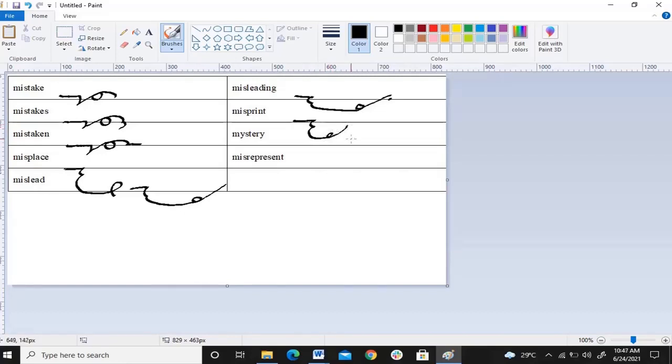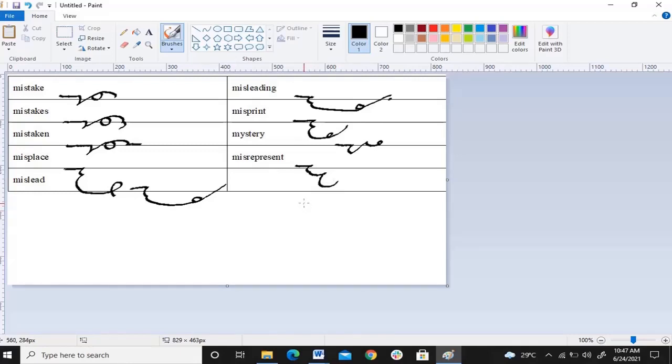Next, mystery. So, we have mystery. Miss-tree. Misrepresent. So, we have represent. Kasi, di ba yung present natin is a brief form, PR.